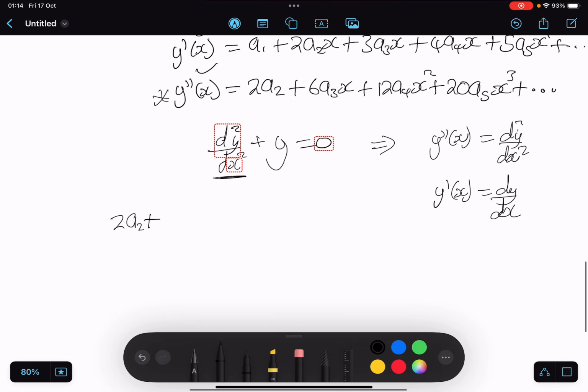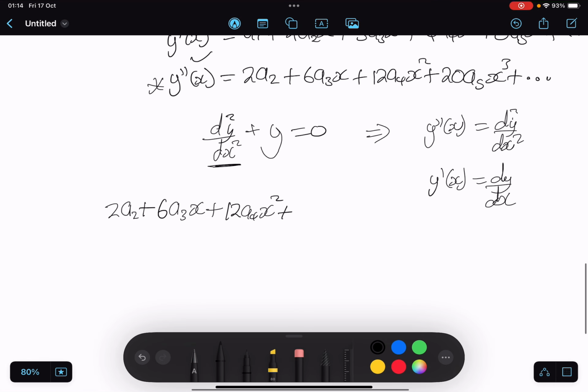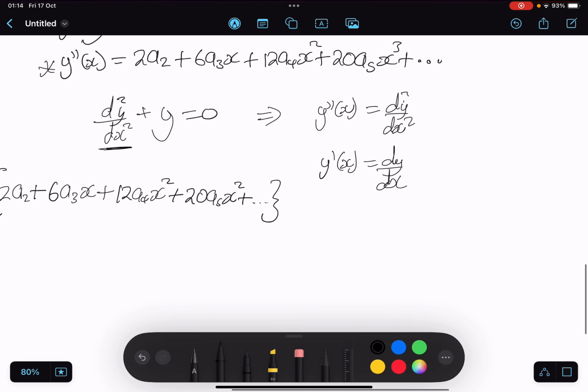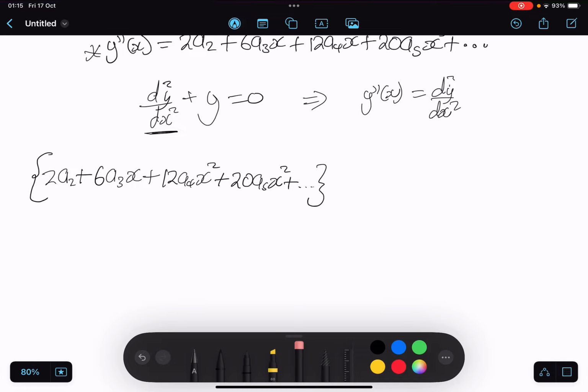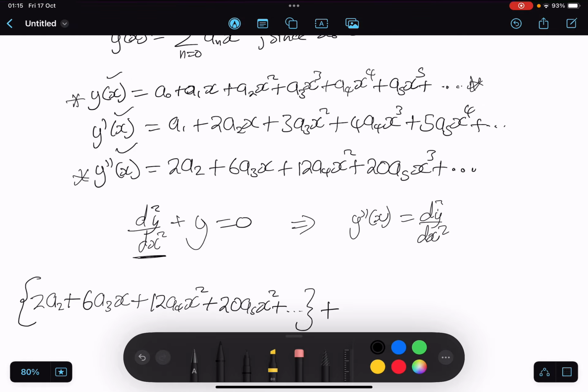So this is going to be 2a2 plus 6a3 x plus 12a4 x squared plus 20a5 x cubed plus, you need to show these dotted lines to show that it's a continuous series, right? And then plus y. What is y? y is our initial series here.